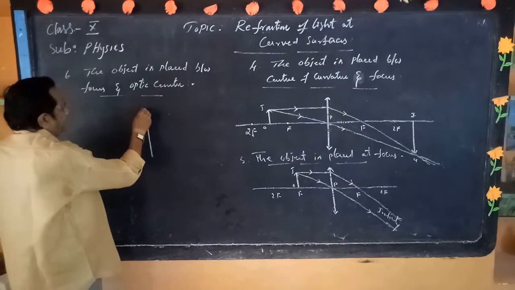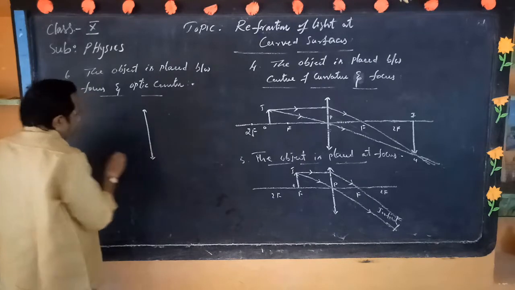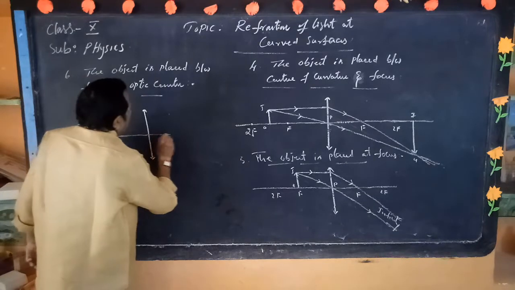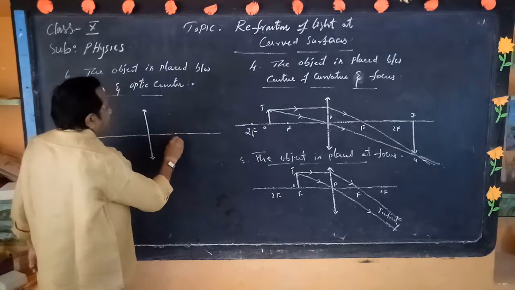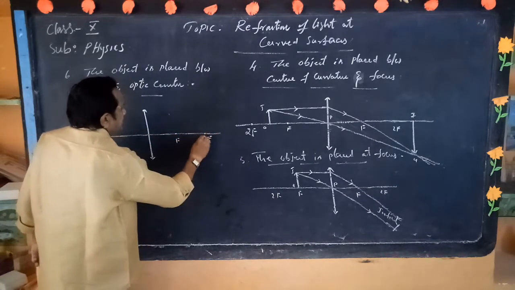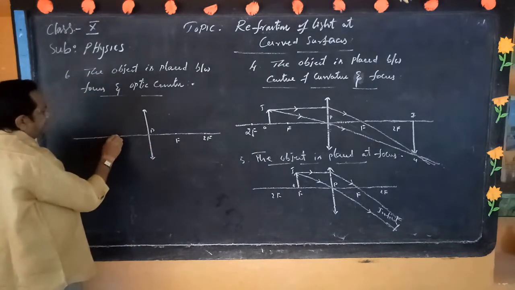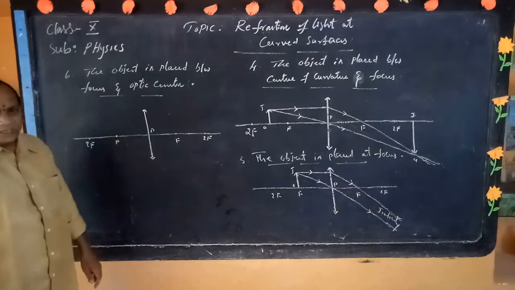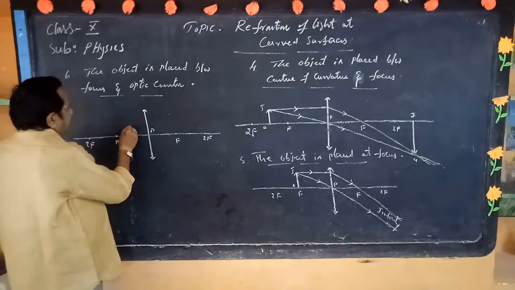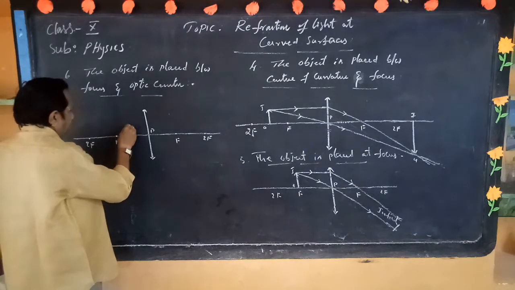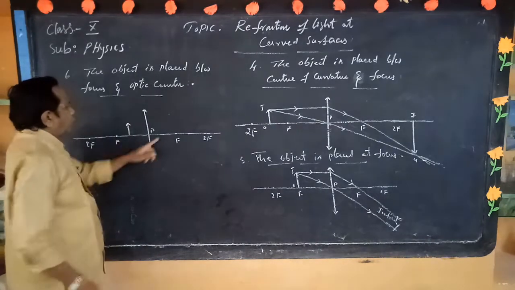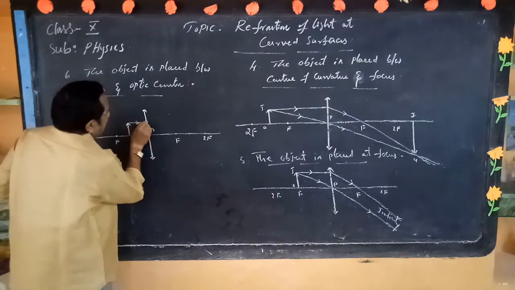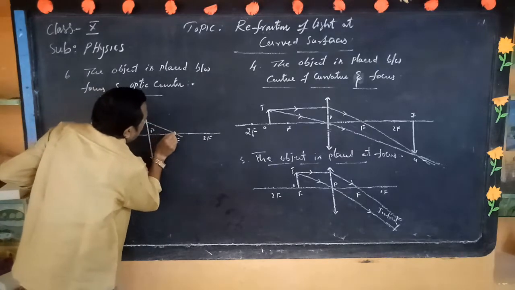So here consider the convex lens, principal axis, focus, center of curvature, optic center, focus, optic center. Now the object is placed between pole and focus.